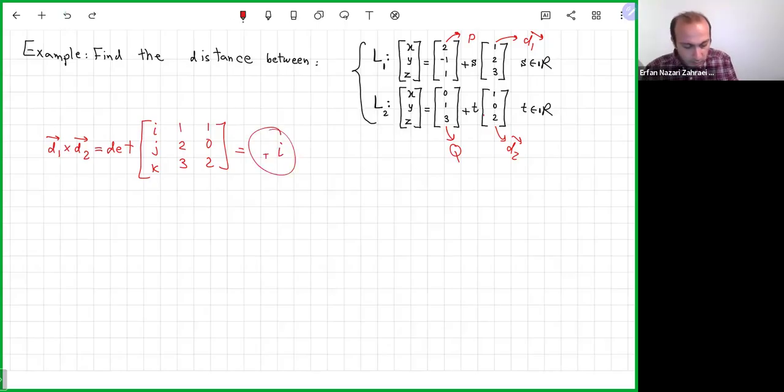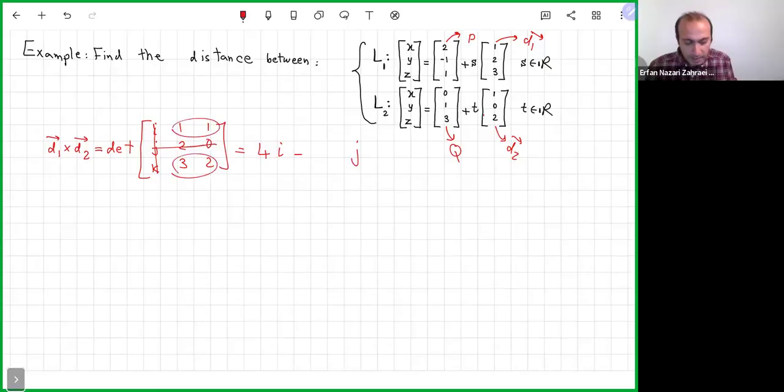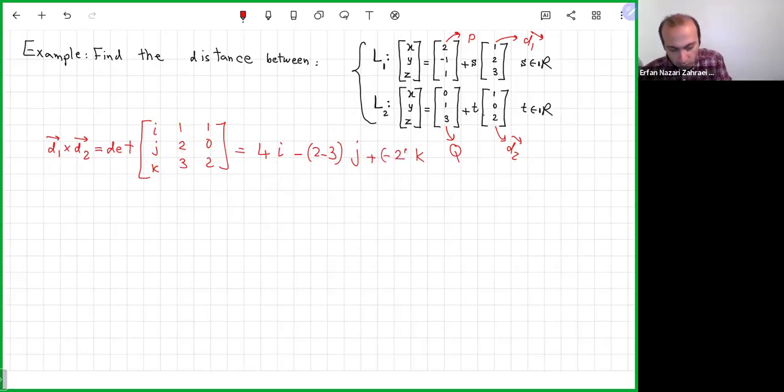then minus j, and removing this, the determinant is 2 minus 3, plus k, and then removing this, you get this determinant, which is 0 minus 2, which is minus 2.